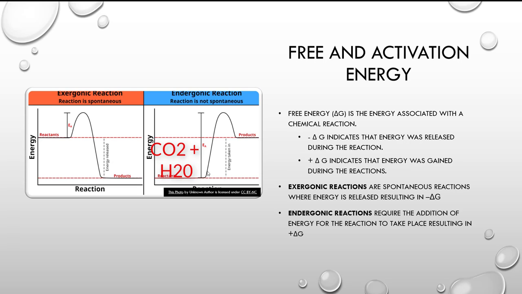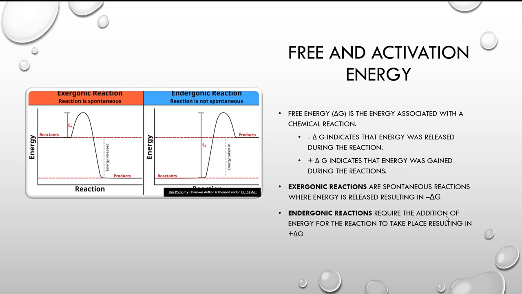That sunlight is the energy that's going to be used to smash the water and the carbon dioxide together to form glucose. Now you have a product, glucose, that has more energy than the reactants, carbon dioxide and water, had to begin with. So you ended up with positive free energy. That's endergonic, which requires the addition of energy.